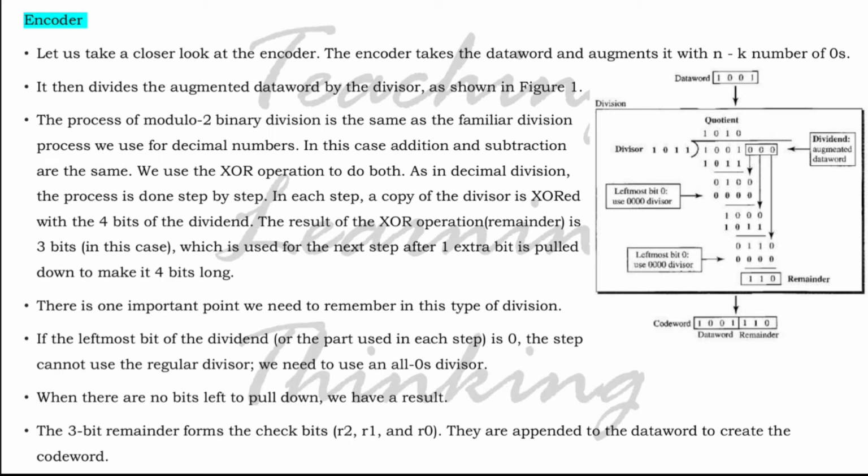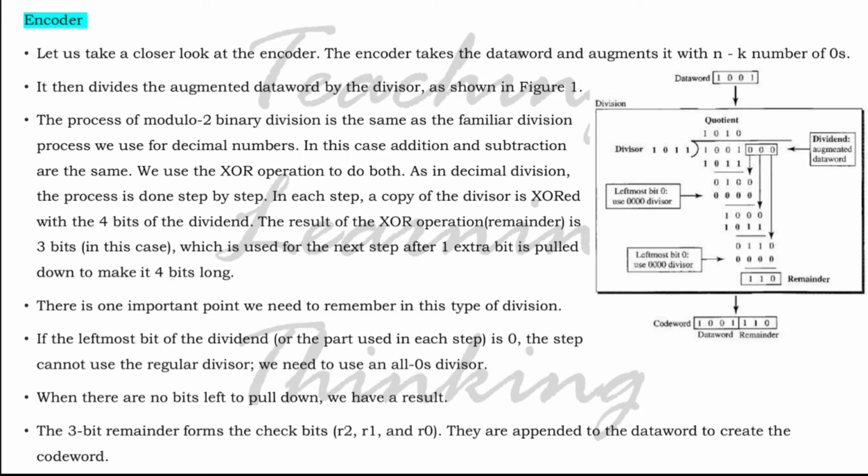So that we can ignore, and we need to take the 1 0 from the upper augmented data word, that 0 0 0. From there we bring down 1 0 to the below side, and we will get 0 1 0 0.